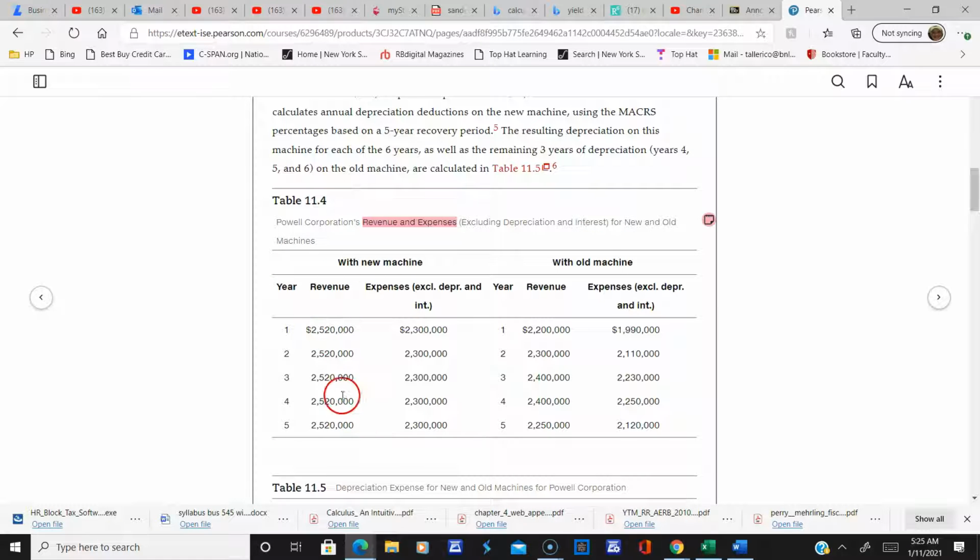Because they bought a new machine, they're going to get more revenue compared to the old machine. You see the difference here, looking at the old machine and the new machine. Here are the expenses with the new machine, which are constant, and here are the expenses with the old machine, which vary. So we have two conditions, a new and an old machine.